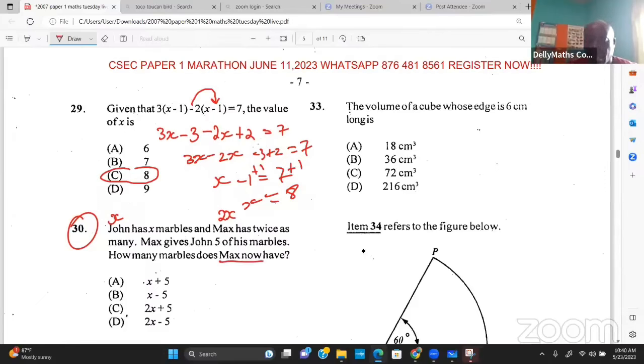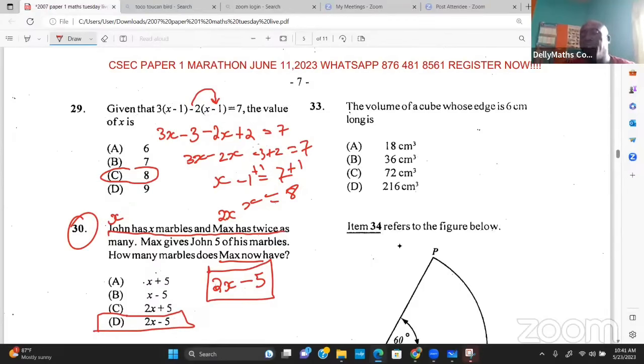Talking about Max, let's focus on Max. So Max originally would have 2x after the first information that was given. Then he said that Max gave away. When you give away, you're subtracting. So this is where the question stops. It is 2x, and he gave away 5 from it. So you want to look, and definitely the answer is here. So 2x, take 5 from that. And that's what Max would have now.